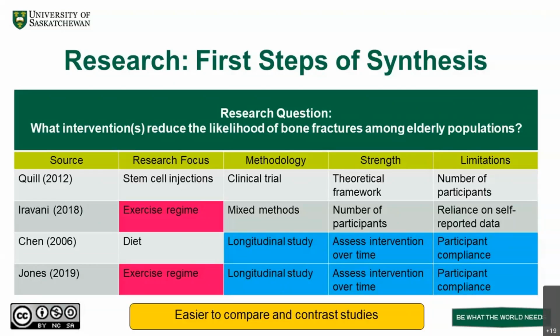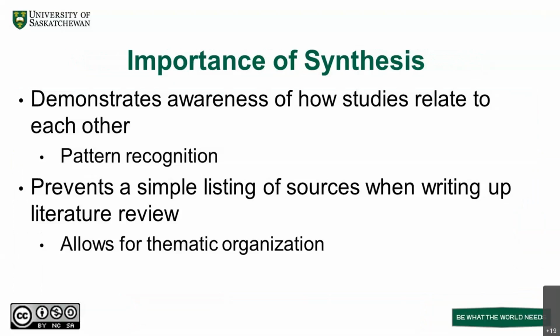But ultimately, this is going to help create a much easier compare and contrast. So synthesis is so important because it's demonstrating our awareness of how studies relate to each other. In its most basic sense, it's a form of pattern recognition. And from a deliverable perspective, what it does is it helps to ensure that we're not just listing sources when writing up a literature review.